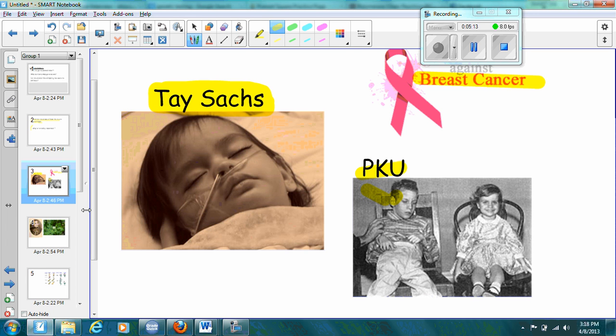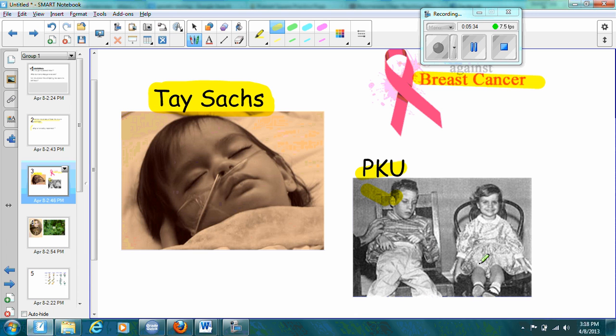If you don't know you have it, most children with this will develop mental retardation and won't be able to learn, and it'll be really debilitating, get in the way of their lives. But if you know you have it, you can actually change what you eat in your diet, and take certain medications, and you'll be completely 100% normal.